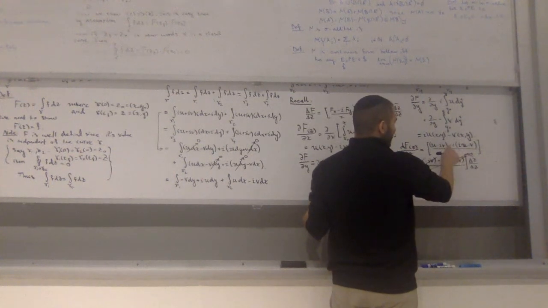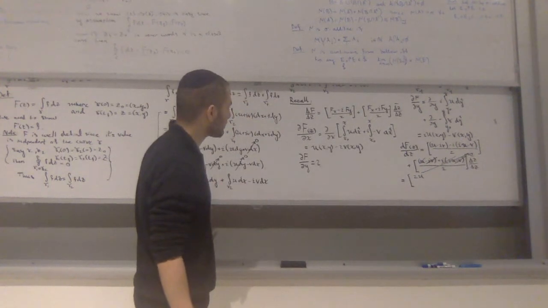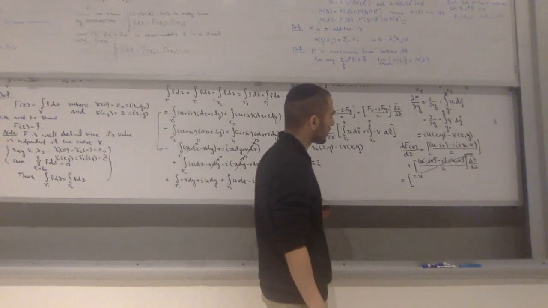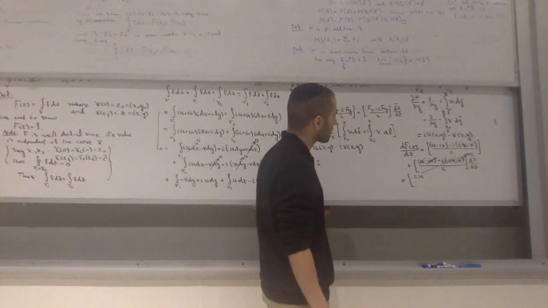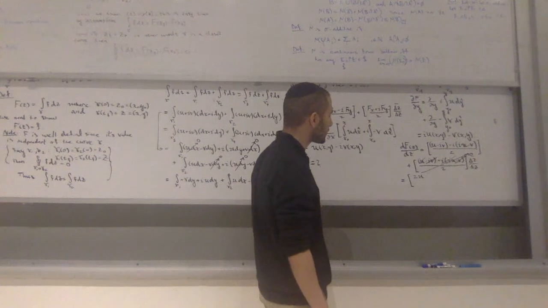Negative times negative is positive. i times positive is iv. Over here I have minus, is it minus iv or plus iv? Minus iv, there's a minus sign, it's a plus.